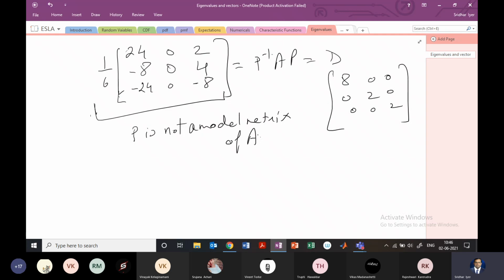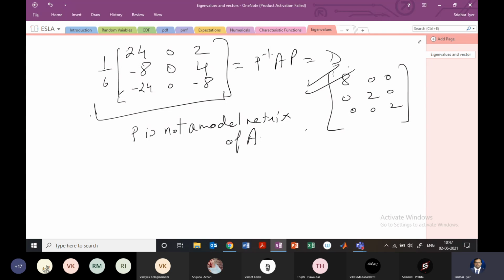If this entire process of P inverse AP gave us this matrix D, then we would say that P is a modal matrix of A. That means P can be used to diagonalize the matrix, right? So this is all we need to do to diagonalize any particular matrix.